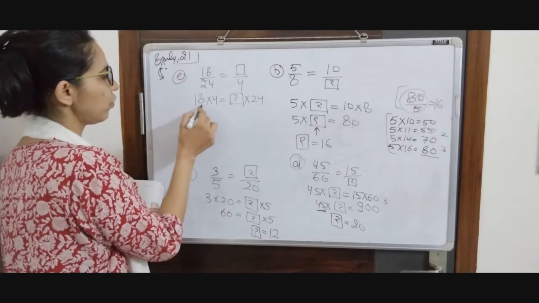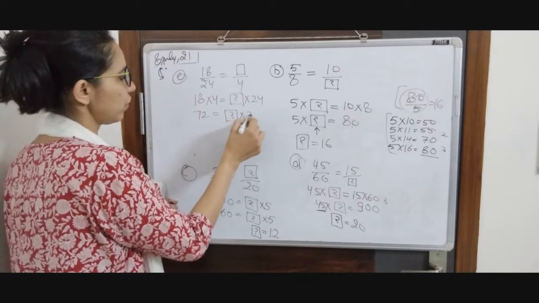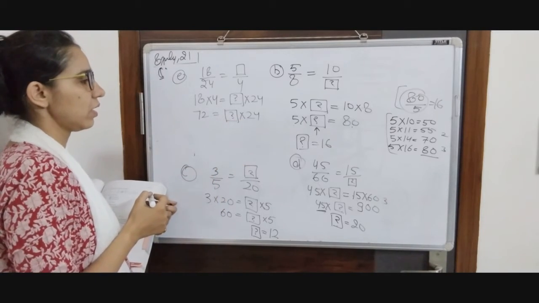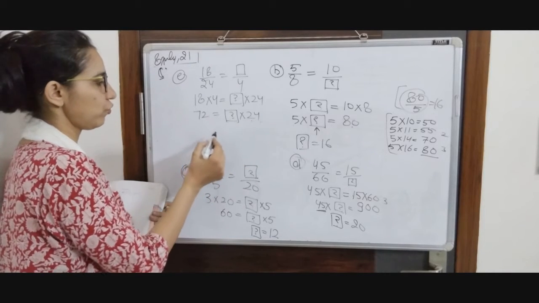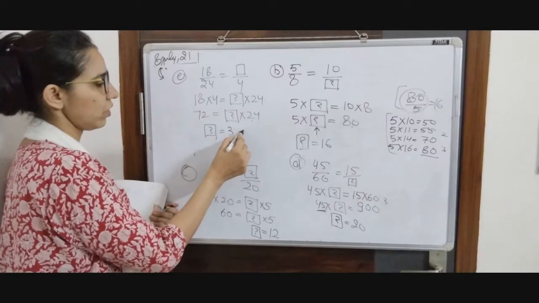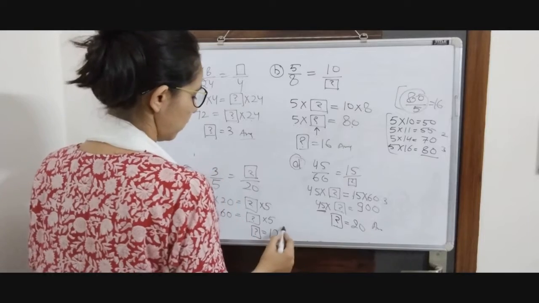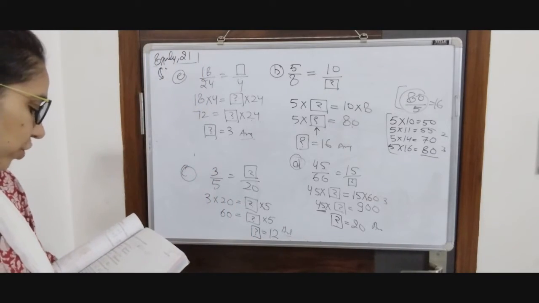So 18 into 4 is going to be 72, equal to dash into 24. So by what number should 24 be multiplied to get 72? Then you know that 24 into 3 is 72. So this number has to be 3. So this is the answer for this one, this one, this one, and this one. Okay. So this is how you are going to solve these kinds of questions.